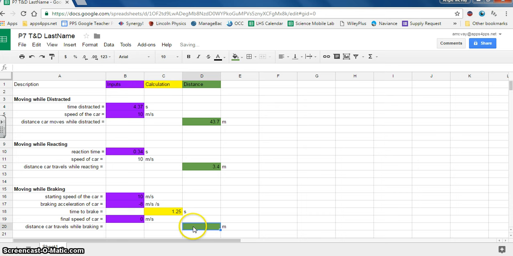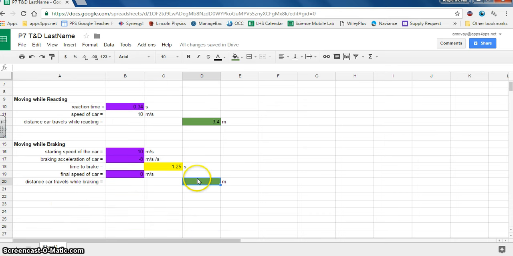And then finally, the distance the car travels while braking is D equals half of the acceleration, so 0.5 times the acceleration, times time squared.